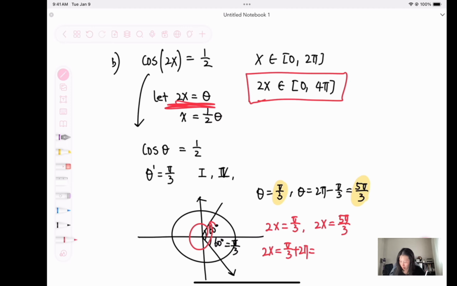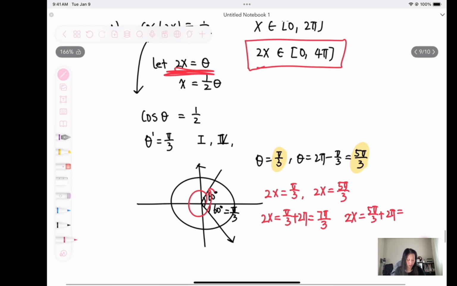That is 7 pi over 3, right? Yeah, it's 7. Similarly for the second one, we add another 2 pi to 5 pi over 3, which is 11 pi over 3. So that gives us 2x.